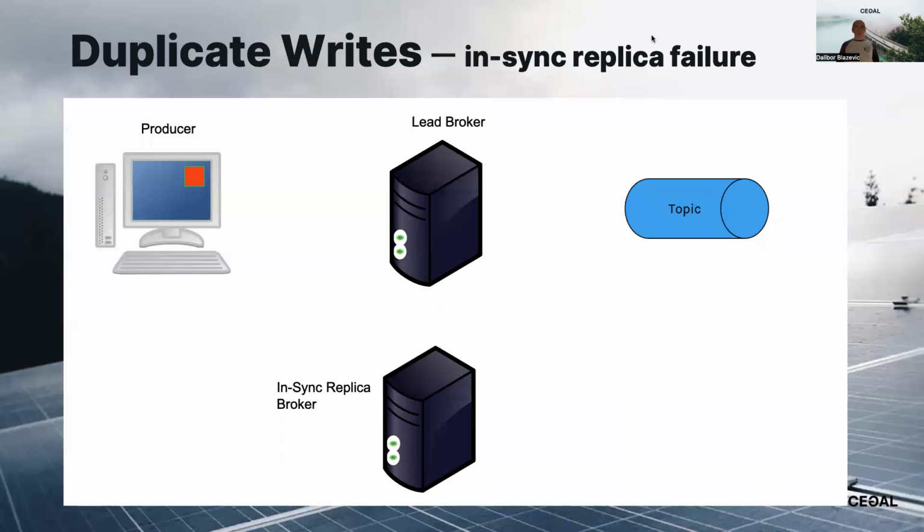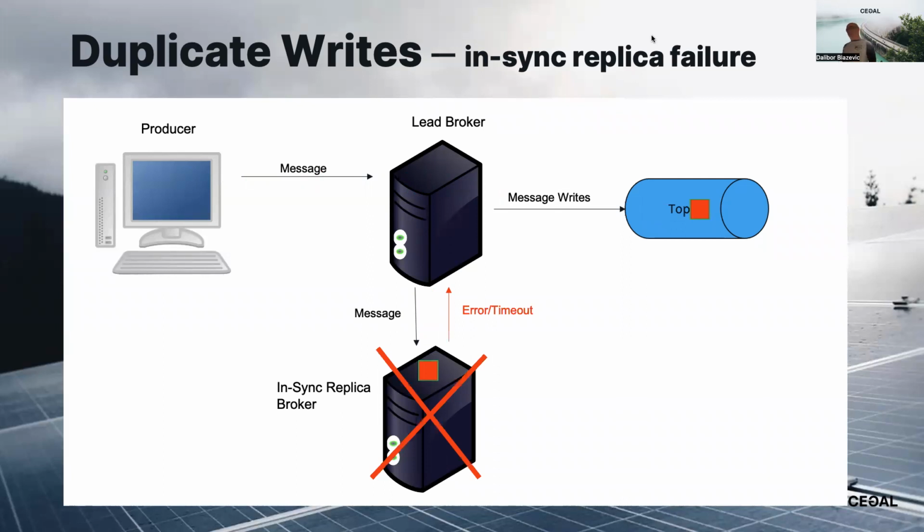Another scenario when this can happen is when the producer sends a message to a lead broker, then because of high availability, we want to duplicate that message, not just by saving it to a topic, but also by sending it to an in-sync replica broker. And then, unfortunately, this replica broker dies before sending us an acknowledgement.